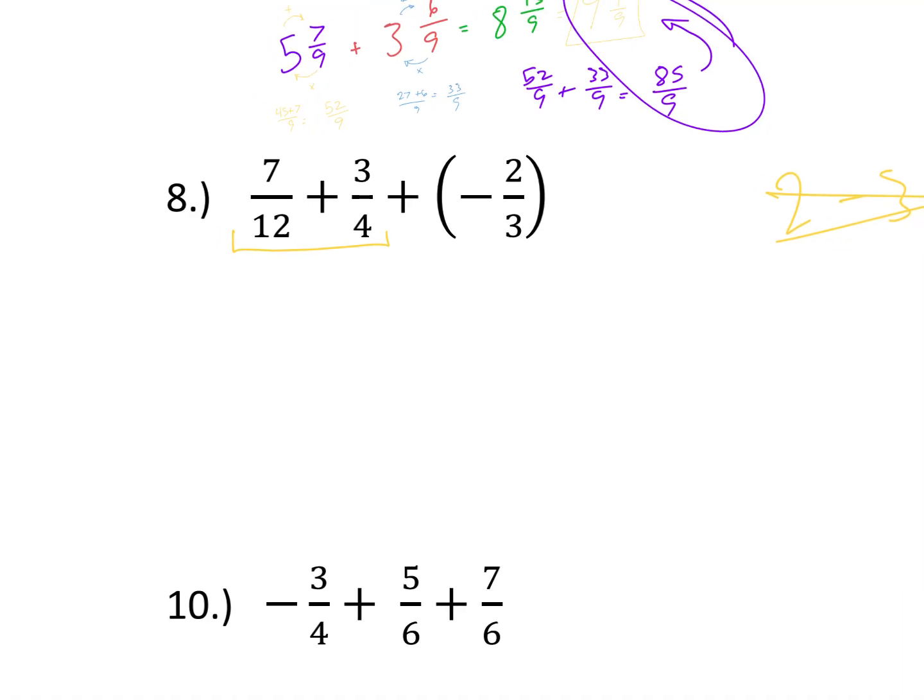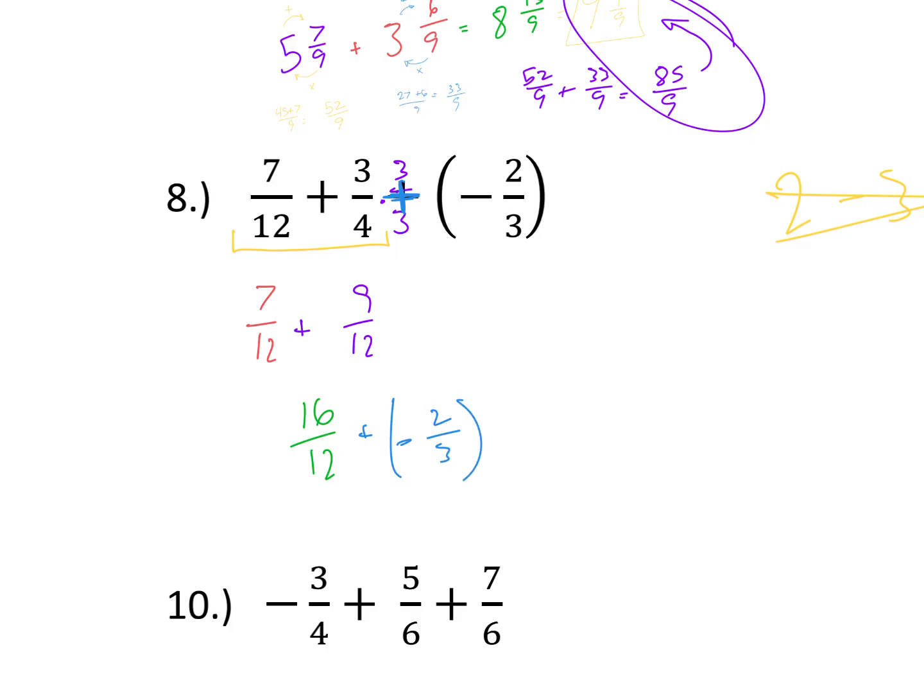So we need a common denominator. Let's multiply this by 3/3, and we get 7/12 plus 9/12. That is 16/12. Plus, that right there is a plus -2/3.